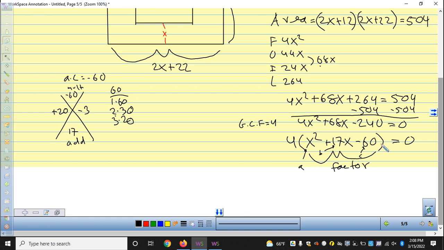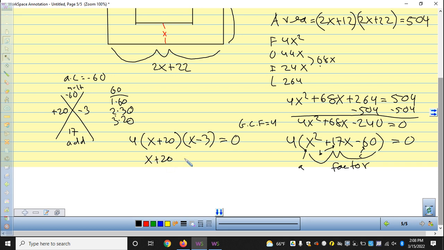So what I end up with here is 4 times x plus 20 times x minus 3 equals 0. Well, now I have 3 things multiplied together to give me 0. Well, 4 is not equal to 0, right? So we can't have that.